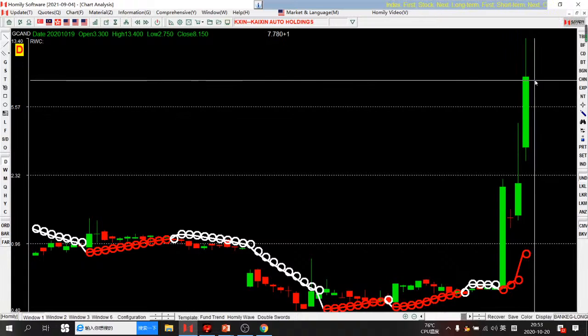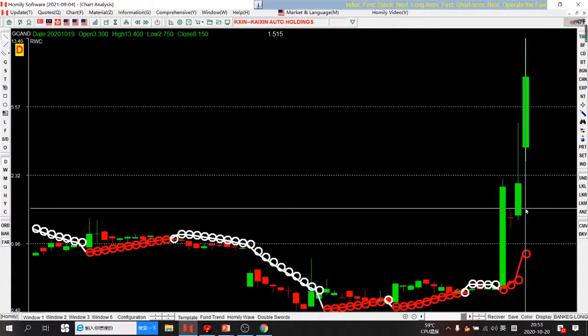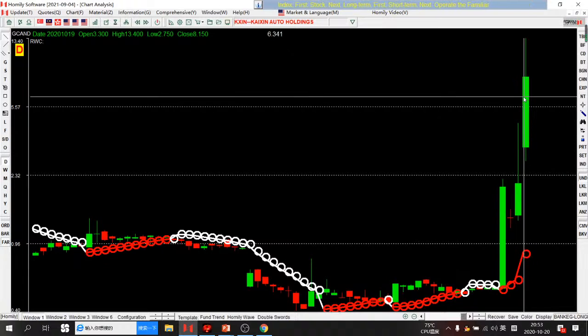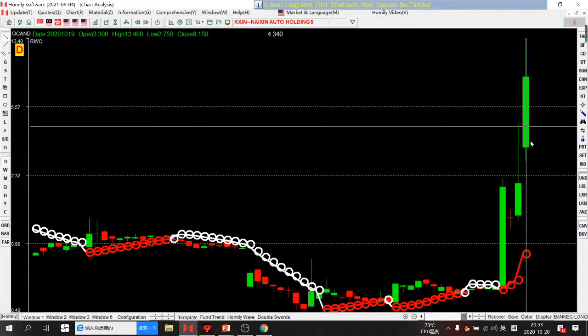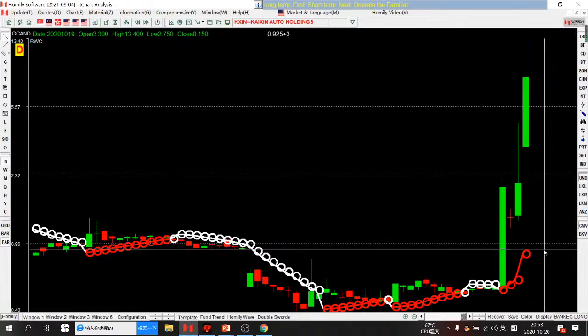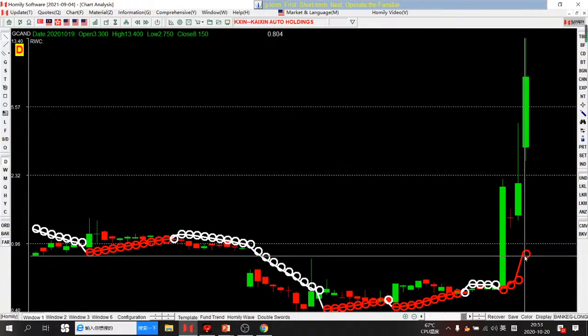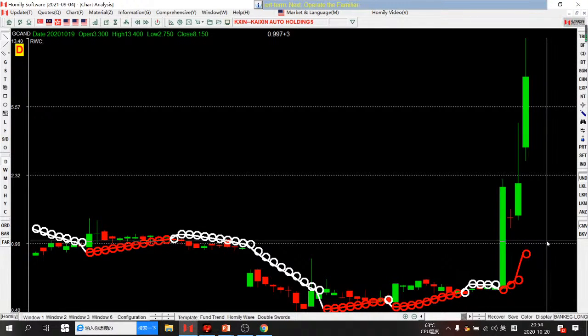You cannot just chase the share, because in a very short period it already had so much movement. And it's too far away from the red circle, so you shouldn't chase the share. But if it moves down and is supported by the red circle, then at that time you can consider to enter the position.